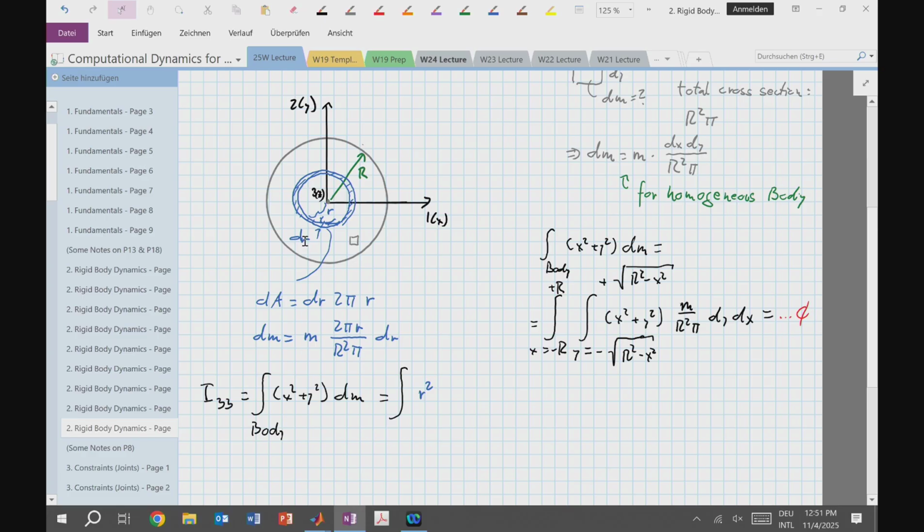If I let dr go towards 0, x squared plus y squared is constant. The same idea here, right? If I take this little rectangle, I let dx dy go towards 0, everything is constant. And then I substitute dm for total mass times 2r over r squared, pi cancels out, dr. And now I integrate over r, and r goes from 0 to capital R. And now this is something that you can easily solve.